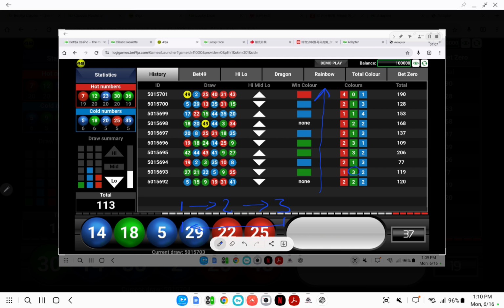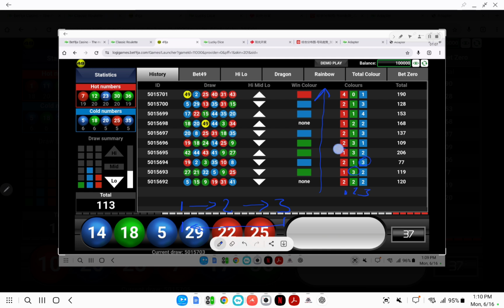Now if here forms a 3+, the next 3+ we should be expecting is on this side. And if here forms a 3+, the next 3+ we should be expecting is on this ending part, because from 3 it goes back to 1. The red is our 1, this is our 2, and this is our 3. At this point, the next 3+ we're expecting is here.